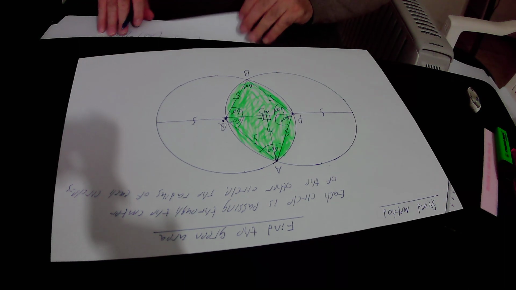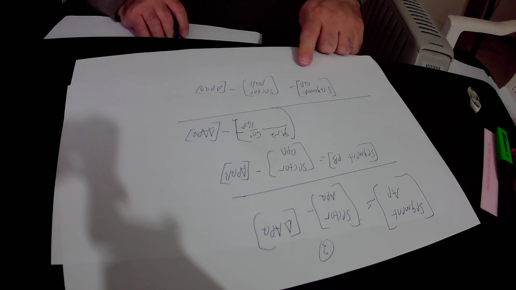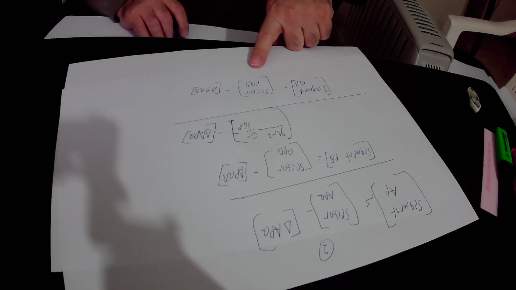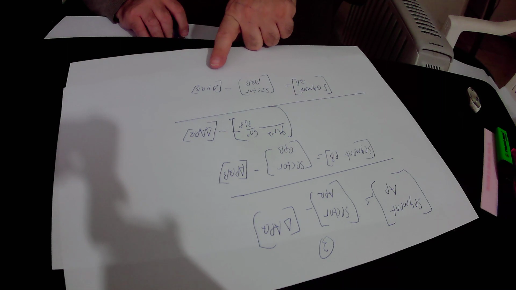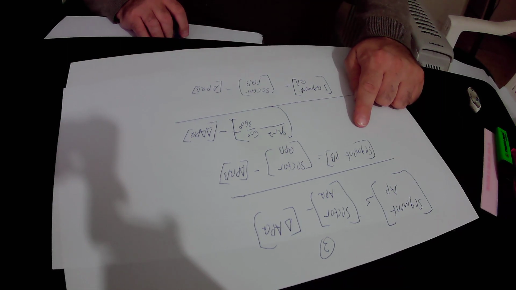I repeat again, the area of segment QB equals the area of sector PQB minus the area of triangle PQB, exactly the same area as segment PB.